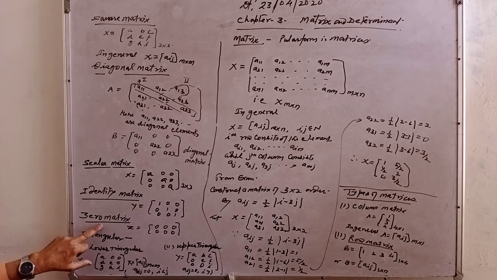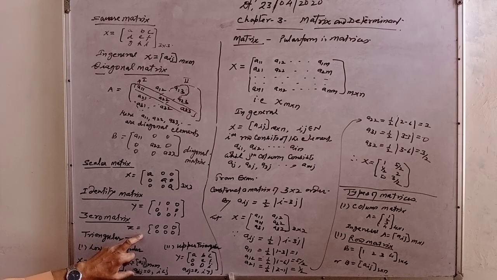Now zero matrix, a matrix whose all elements are 0 is called a zero matrix or null matrix. Next is the triangular matrix. There are two types of triangular matrix: lower triangular and upper triangular. What is the lower triangular? In lower triangular, it is a square matrix whose all elements are 0 above the principal diagonal.